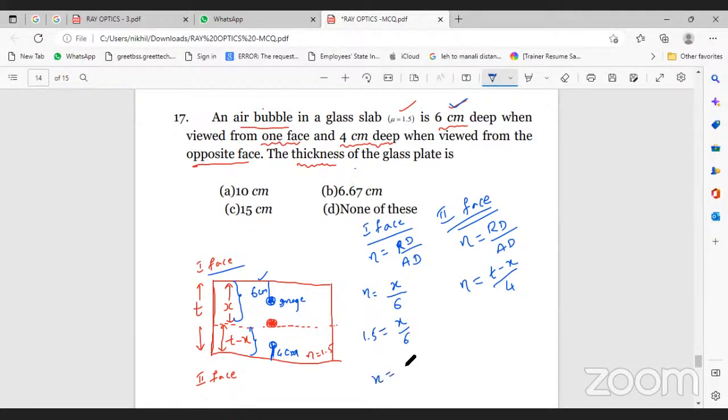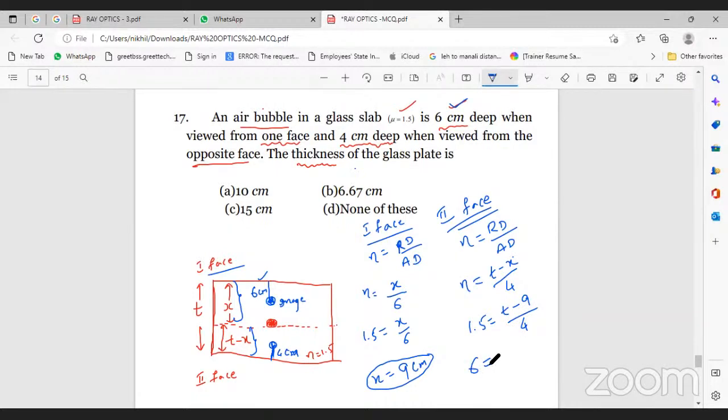What is 6 into 1.5? 9 centimeter. So x is 9 centimeter, and n is 1.5, so 1.5 equals T minus 9 by 4.